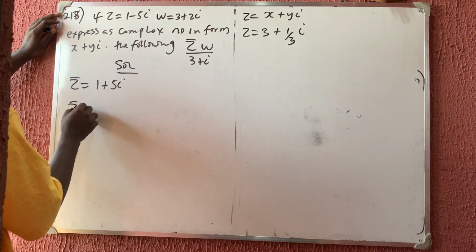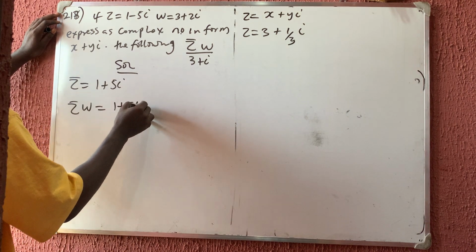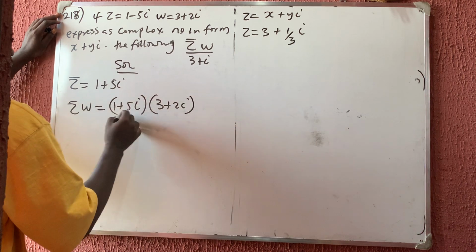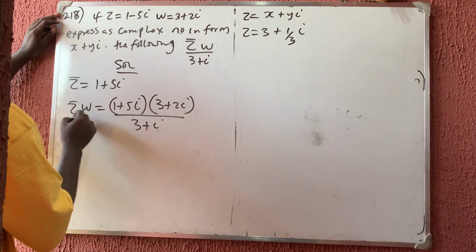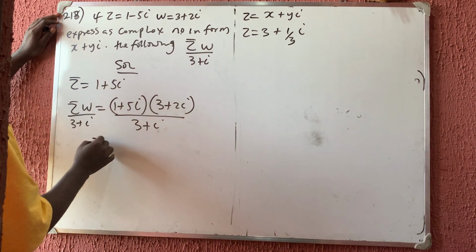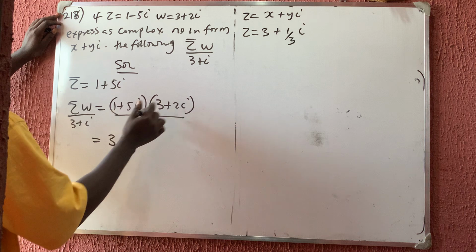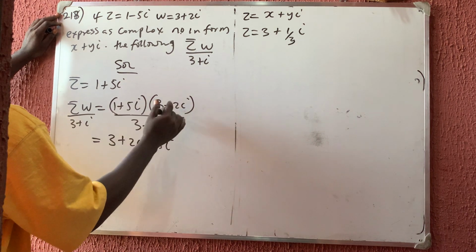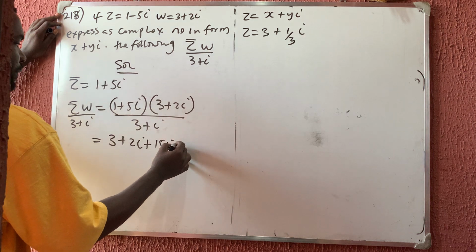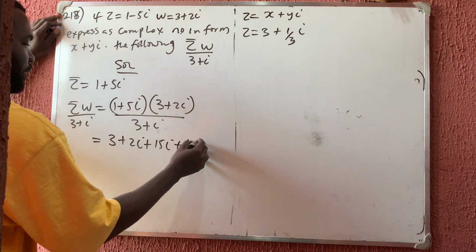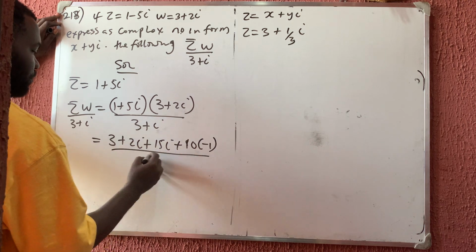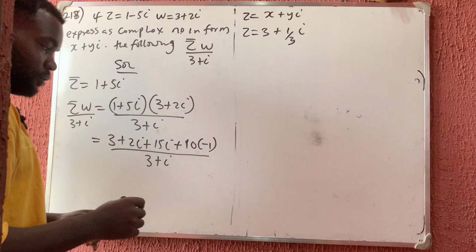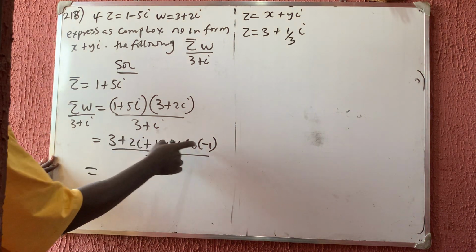So z bar w simply means 1 plus 5i in bracket of 3 plus 2i, then all over 3 plus I. So I'm having 3, 2i, 15i, and plus 10 in bracket of minus 1, all over 3 plus I. So this is going to be this, and this is 7.